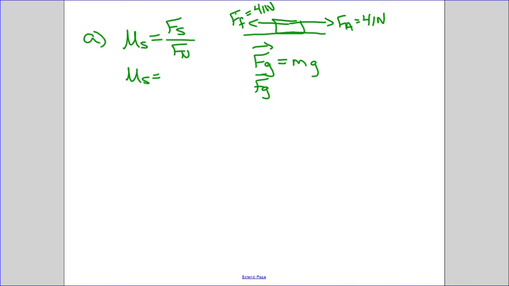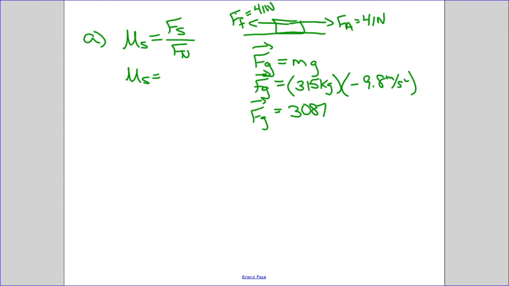Force of gravity on the sled: we have 315 kilograms, and that's going to get multiplied by negative 9.8 meters per second squared. Force of gravity is equal in this case to 3,087 newtons.